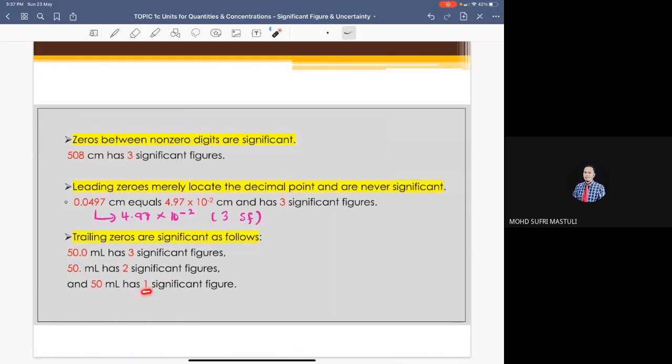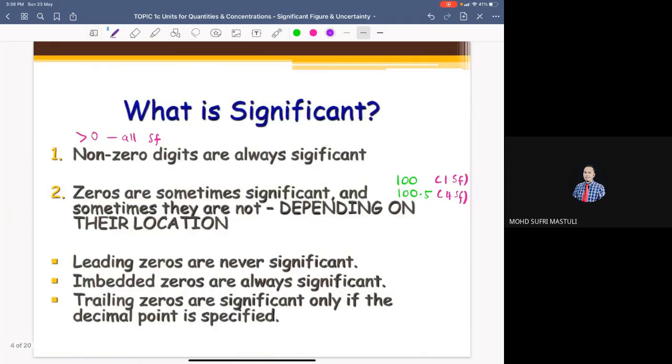So you can see if we have 5.0 versus 50, this one has two significant figures because the decimal point is specified. This one has no decimal point. Non-zero digits are always significant.